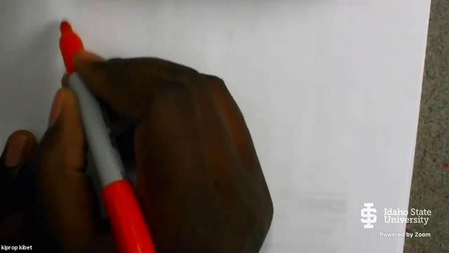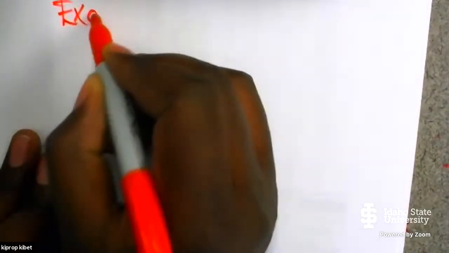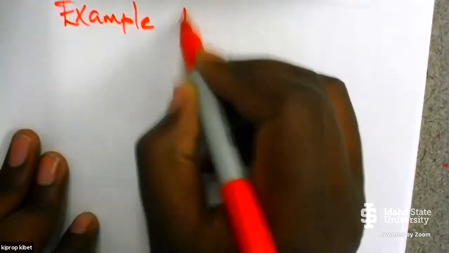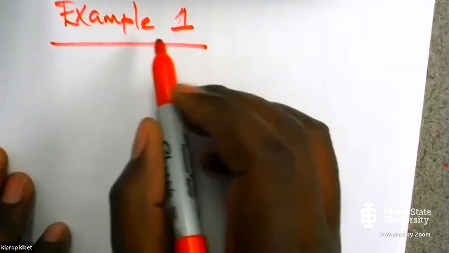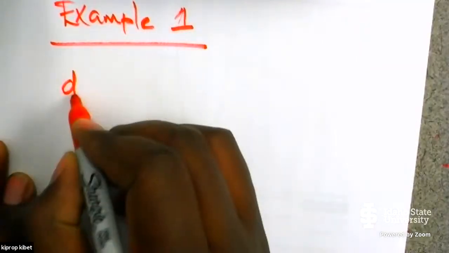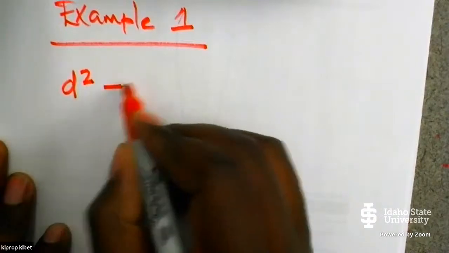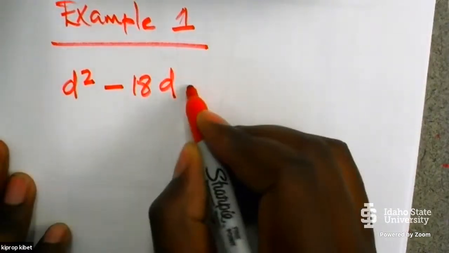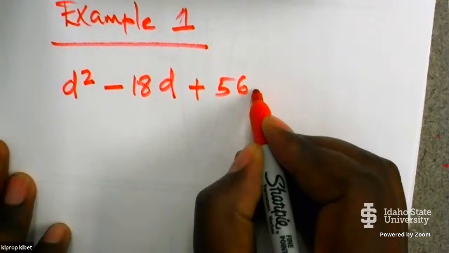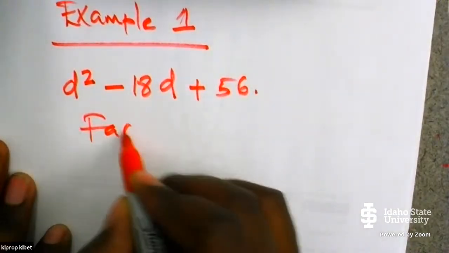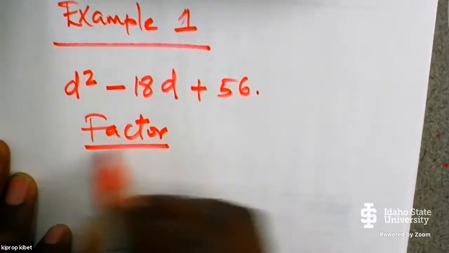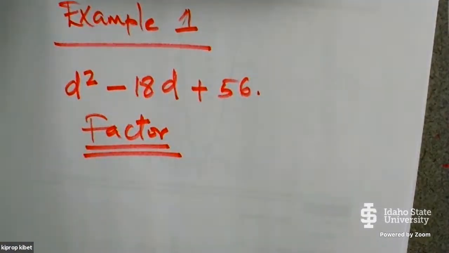So example number one: you're given d squared minus 18d plus 56, and you're told to factor this.